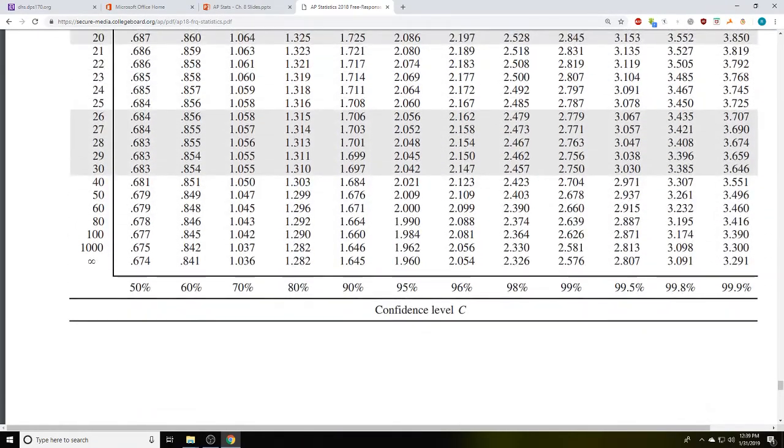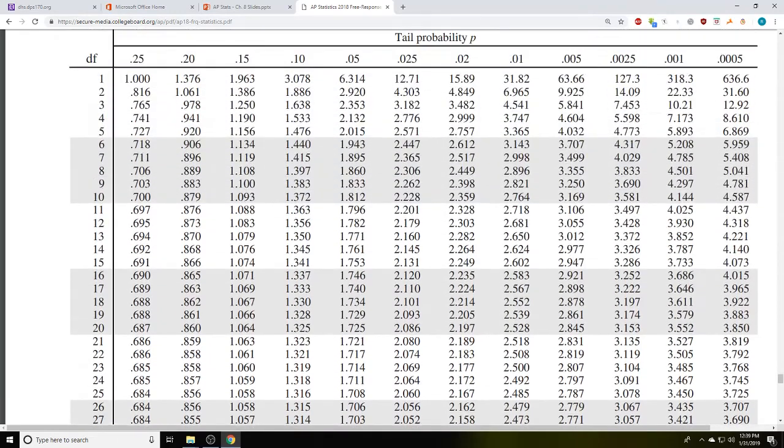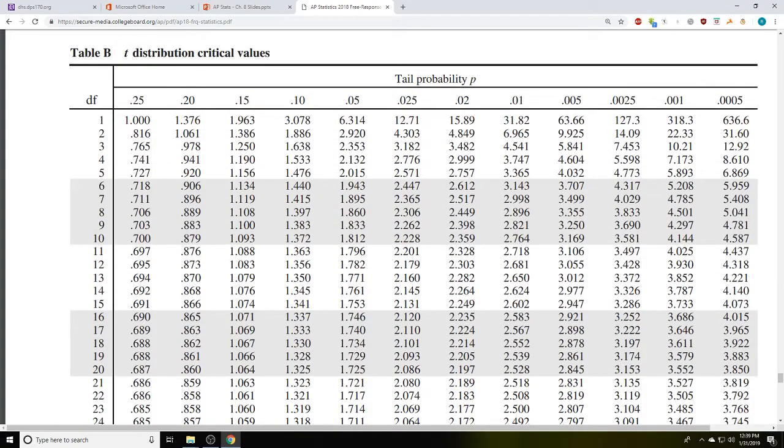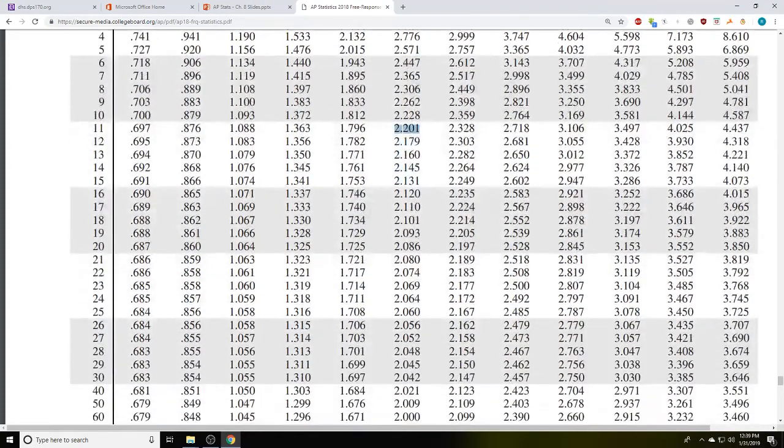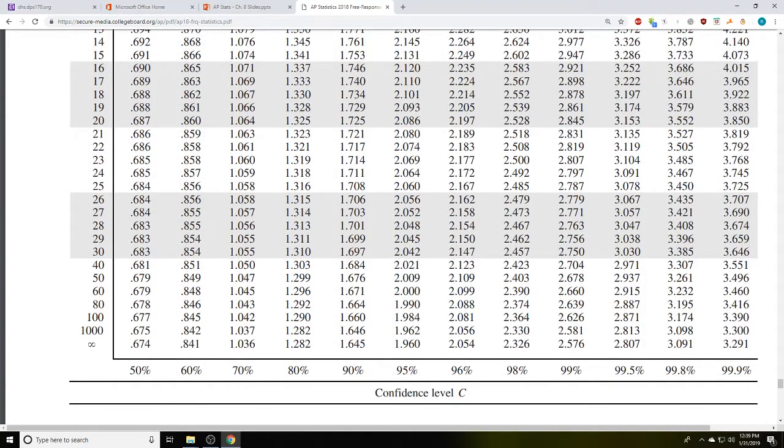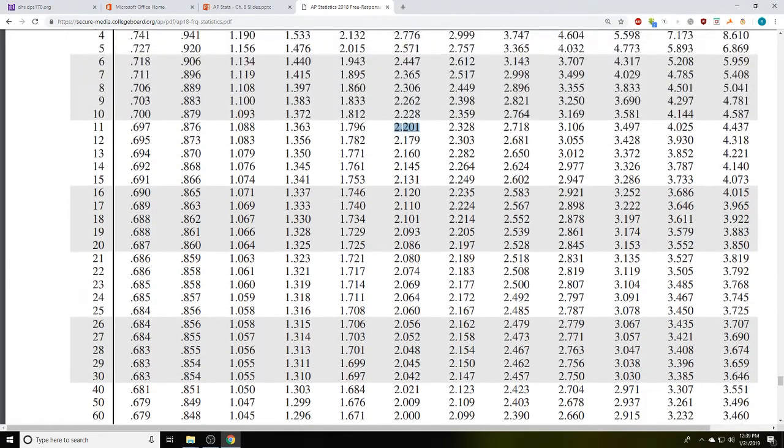We want the confidence level to be 95%, and here's 11 degrees of freedom on the 95%. We'll talk about this top row next chapter, but right now we're doing confidence intervals, so we want confidence levels. All right, 2.201 for 11 degrees of freedom because it's sample size minus 1.